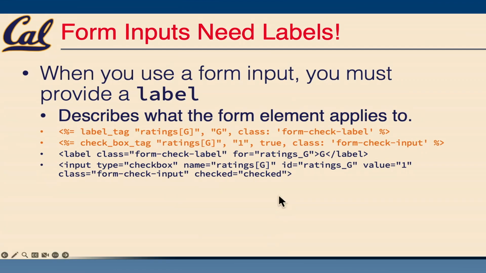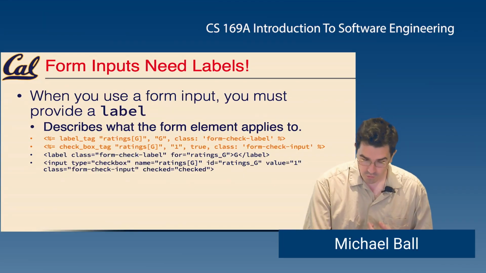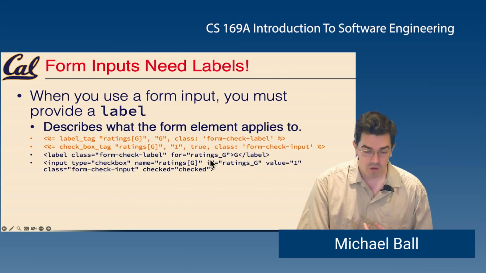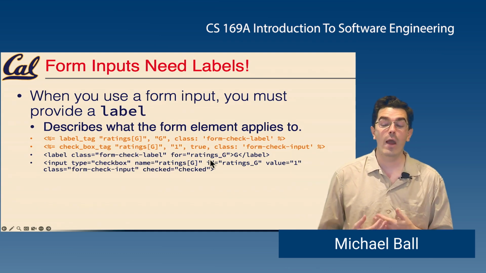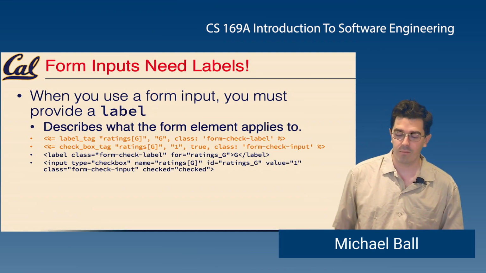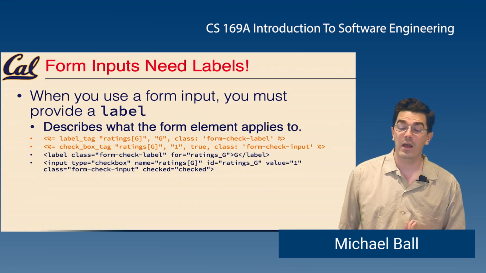And what it will generate is HTML, where our checkbox will have a proper input, and our label tag will use this attribute called for, which will link it in our HTML markup to that particular input element.